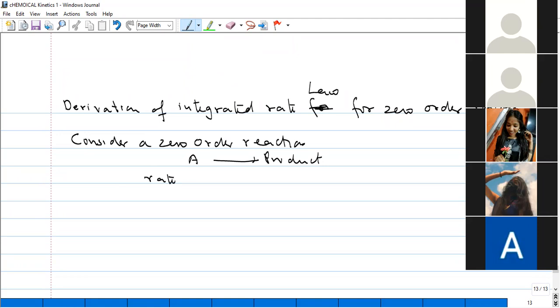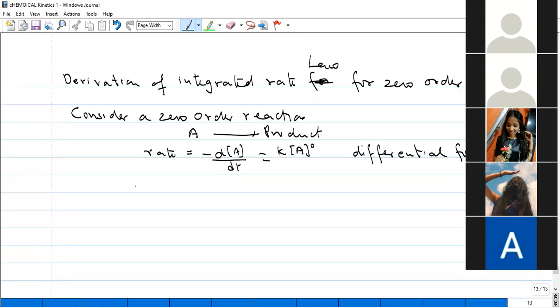Rate is equal to minus dA upon dt is equal to k A raised to 0. This is in which form? Differential form. Now we'll convert it to integrated form.